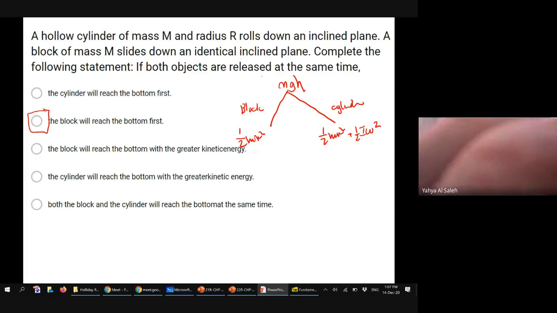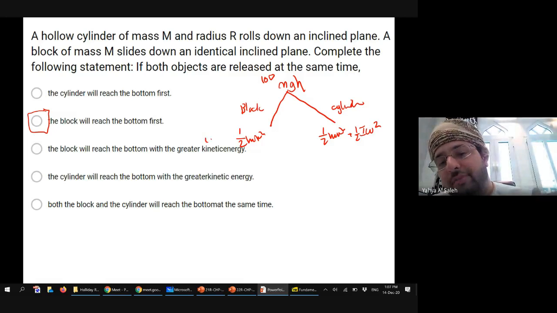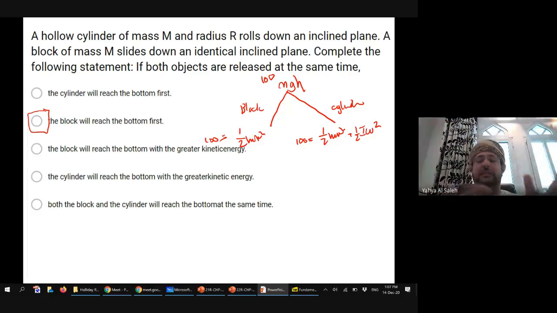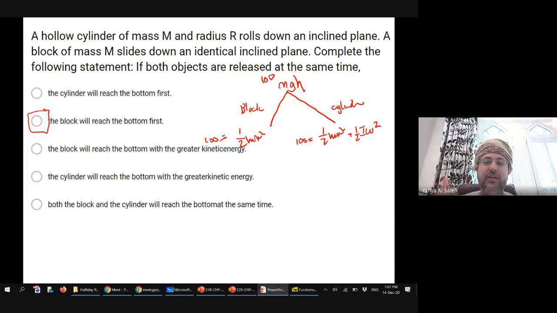So if you started here with 100, here all of the 100 will go to this. Here, the 100 is going to be split between rotation and translation, which means, by definition, my velocity of the cylinder will be less than that of the block, since some of the energy is going to rotation.